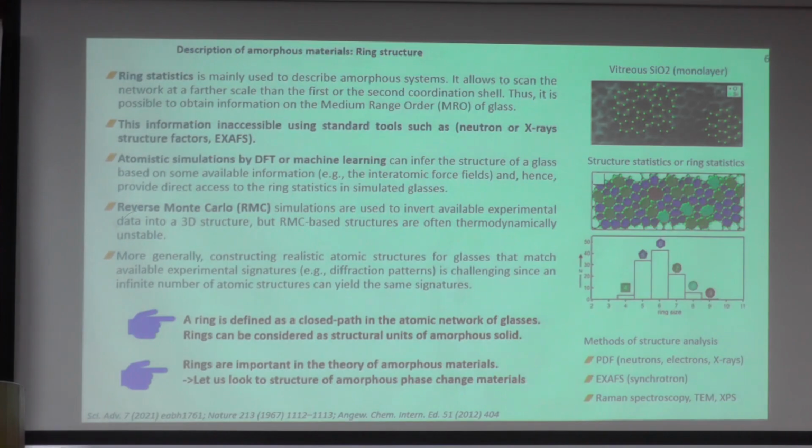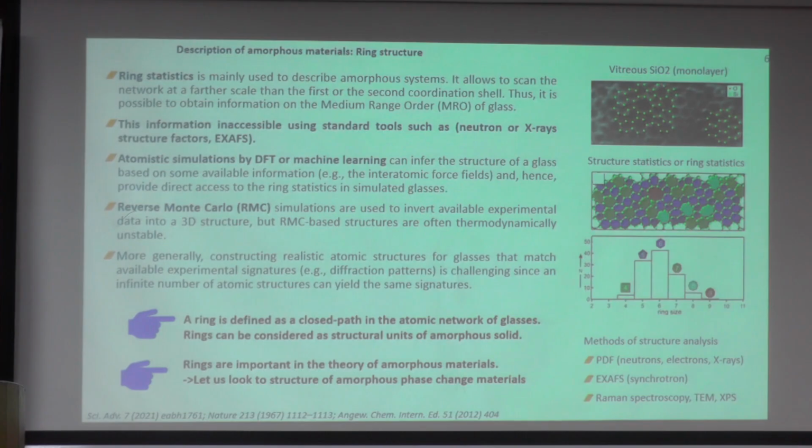You can see the local structure of the amorphous phase, because it's a monolayer, so you see only one layer of atoms. And what they found, a very nice thing, is that this SiO2 consists of rings of SiO, and you see here large rings and small rings and whatever.